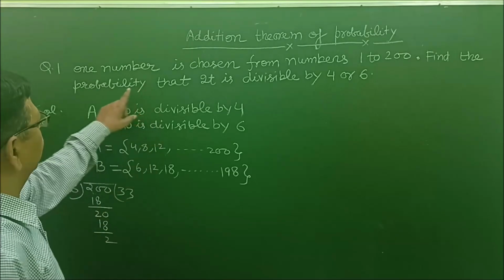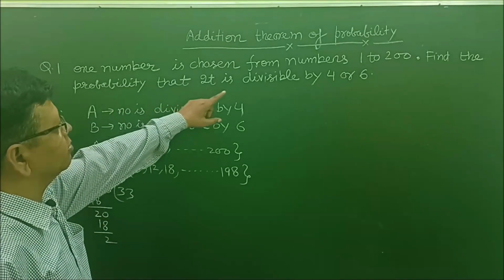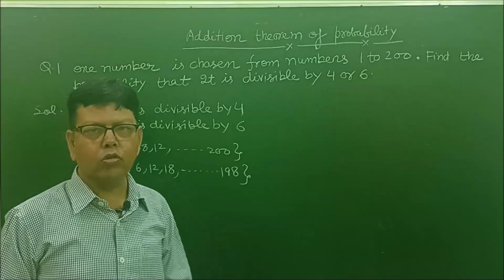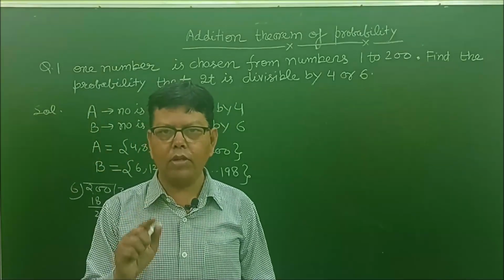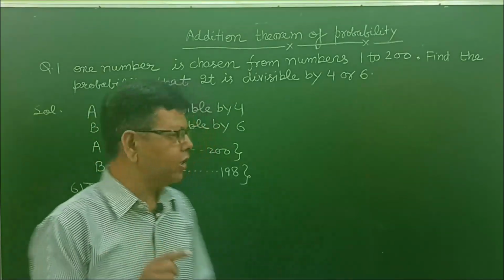Now you want to find the probability that it is divisible by 4 or 6. Whenever in the question we have "or", we apply the addition theorem of probability.